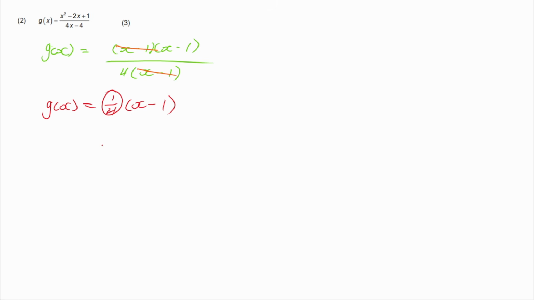Writing it as a fraction in front is going to make our lives a lot easier. I'll show you why in a second, because now let's distribute this in. We get -1 over 4 x minus 1 over 4. Okay, and now they ask us to differentiate g of x. So we need to do g prime of x is just equal to 1 over 4. Just like that.